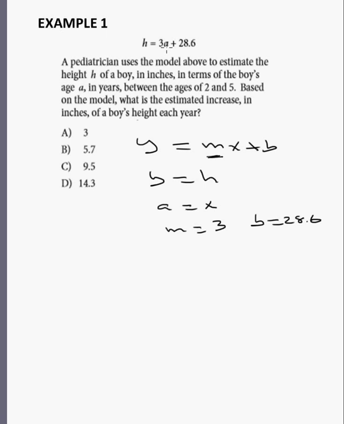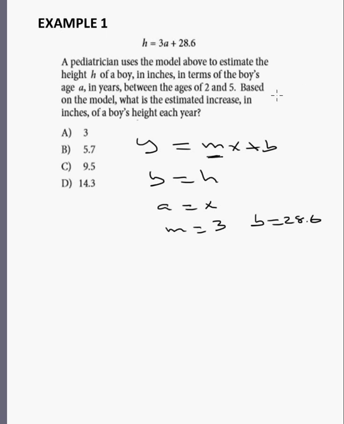Now the unit of a is years, so that means for every year h will increase by 3. H is in inches, and therefore for every year h will increase by 3 inches.